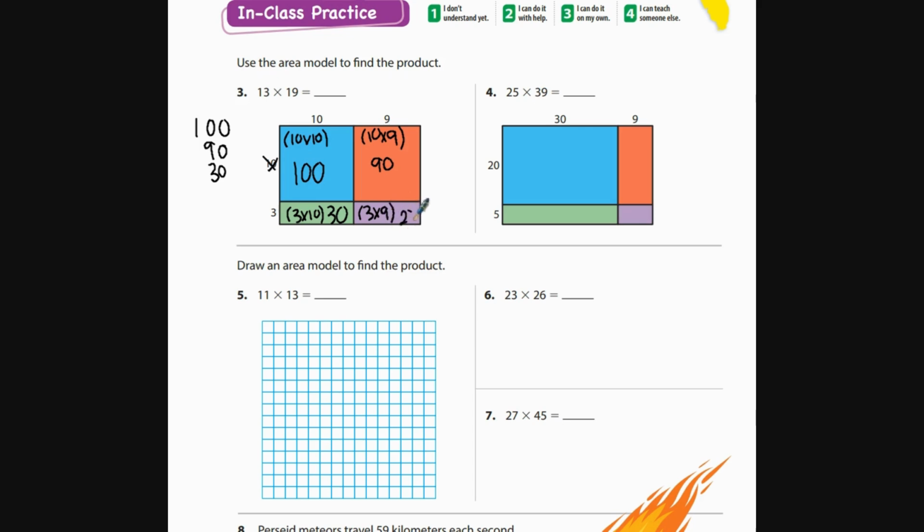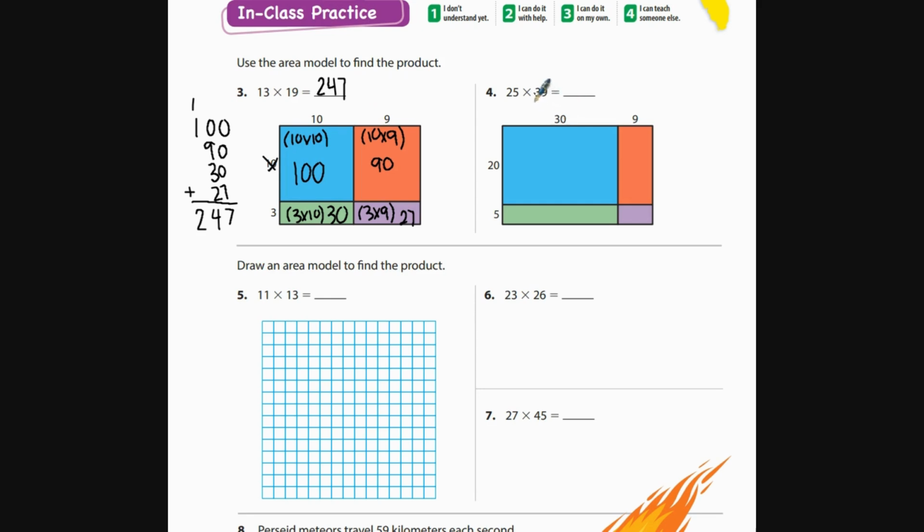That's going to give me 27. So I'm going to put 27 right here. Add it all together. This is going to give me 7, 9, 10, 11, 12, 13, 14. Carry that 1, 2. So my product is 247. That's it.